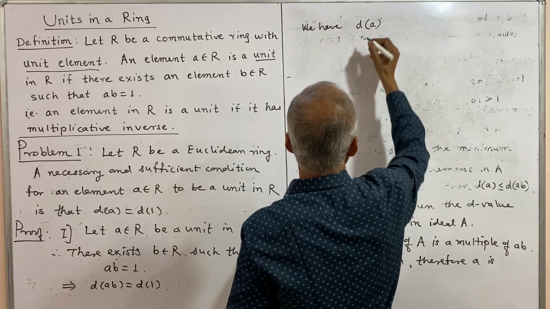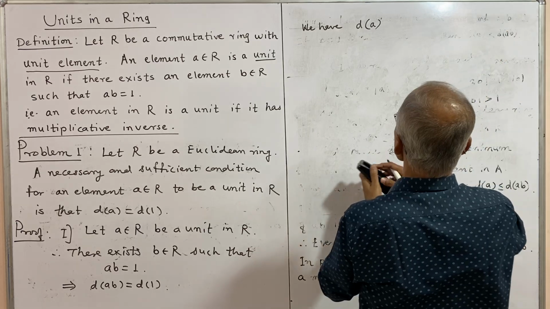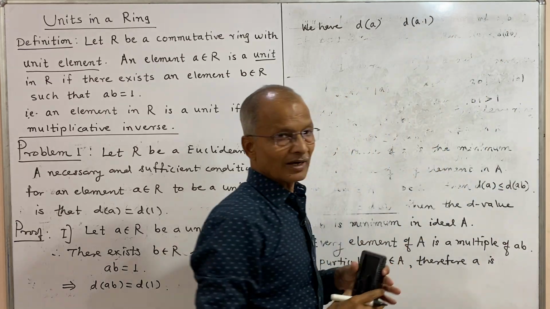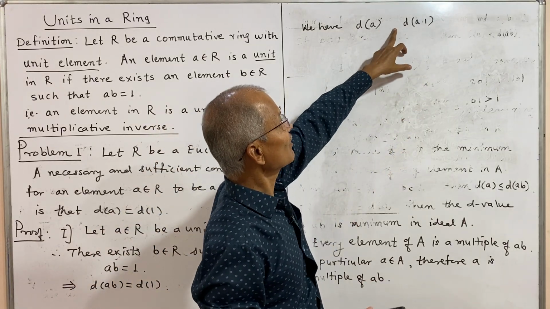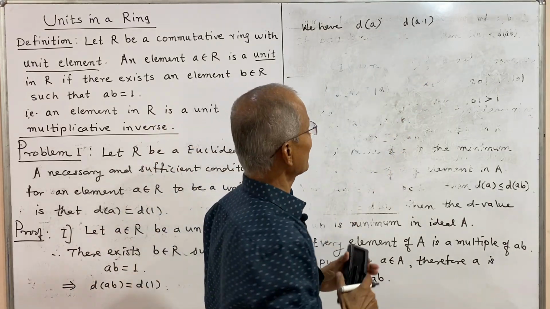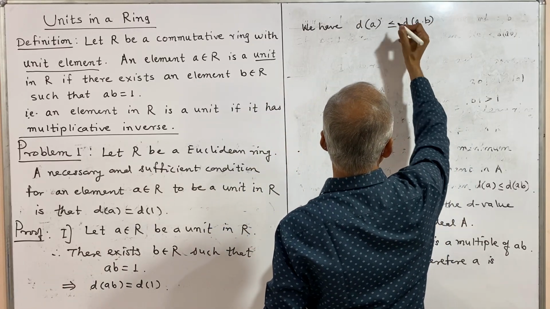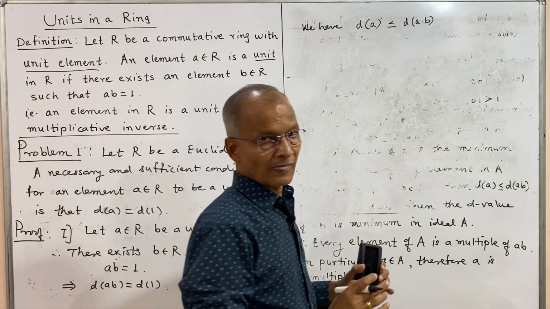Now we can write d value of A as d value of A into 1. What is the relation between these? d value of A is less than or equal to d value of AB. This is the general relation, the first condition of a Euclidean ring.